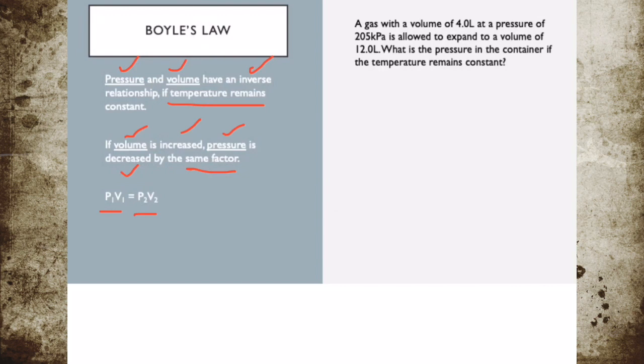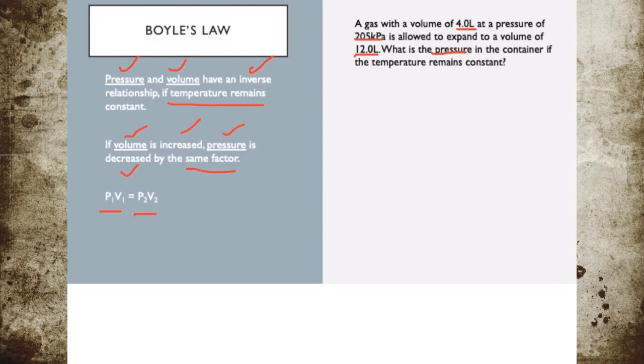Let's take, for example, a gas with a volume of 4 liters at a pressure of 205 kPa that is allowed to expand to a volume of 12 liters. What is the pressure in the container if the temperature remains constant?